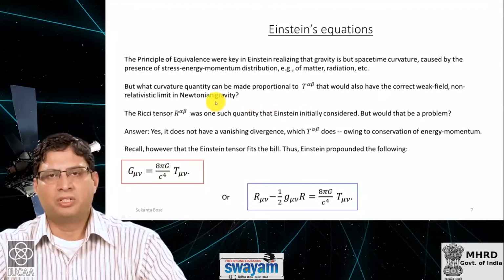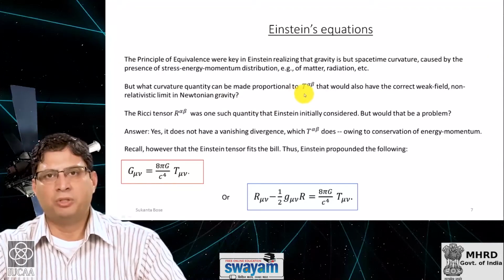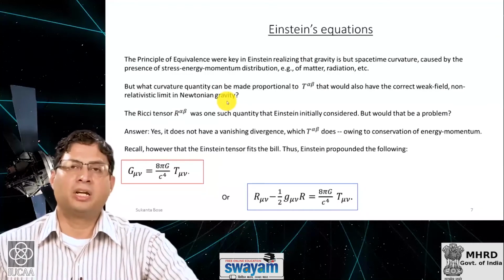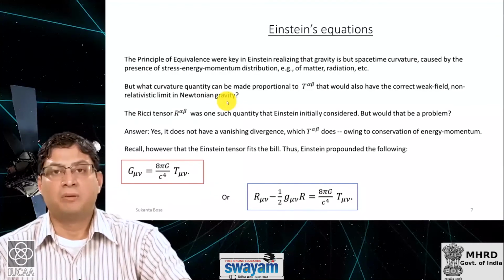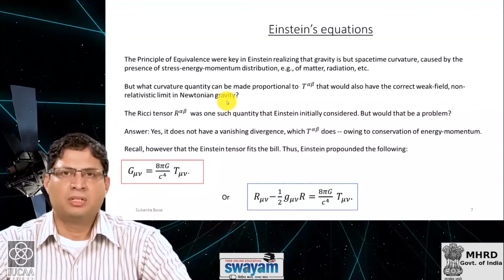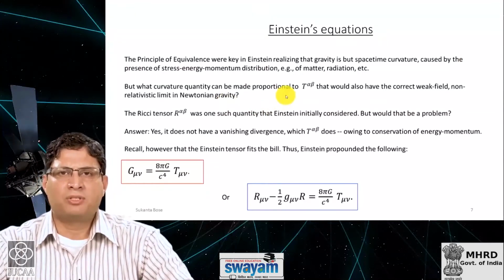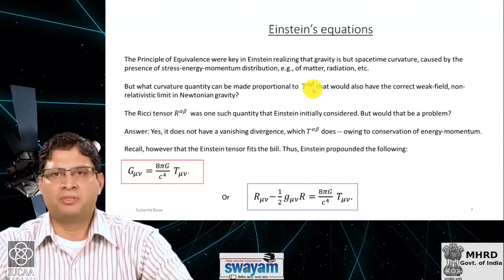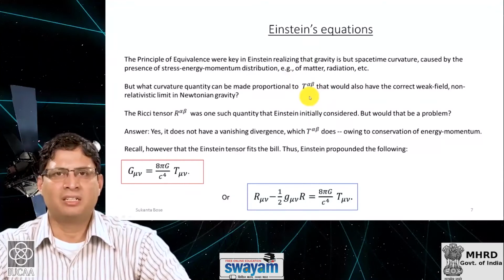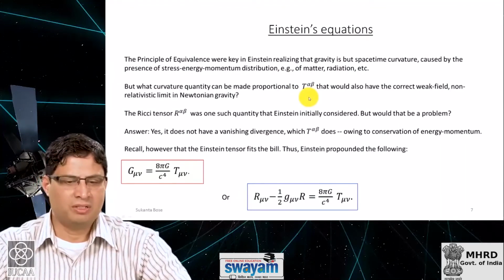In other words, that limit should be Newtonian gravity, given how successful Newtonian gravity has been in understanding the motion of massive objects like planets orbiting the sun, right. But also if T alpha beta is divergence free, then that curvature quantity should also be divergence free. So, now you are already getting a hint as to where I am going from here.